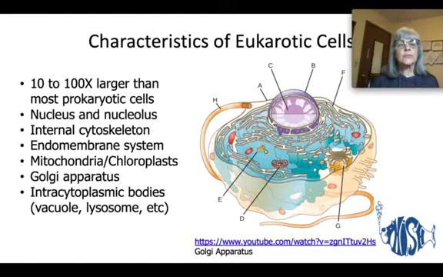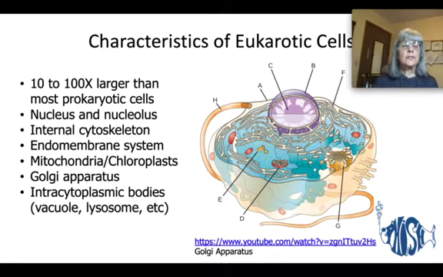The eukaryotic cell will have an internal cytoskeleton. So these are fibers that run throughout the cytoplasm, and they help to keep the organelles within the cell in place, but they also help keep the cell structure of the eukaryotic cell. You have an endomembrane system, examples of that would be your endoplasmic reticulum and the Golgi apparatus.